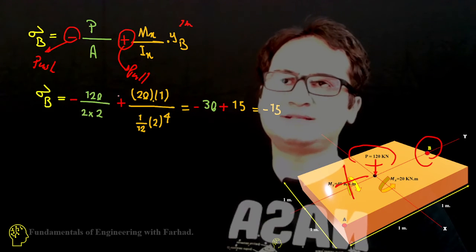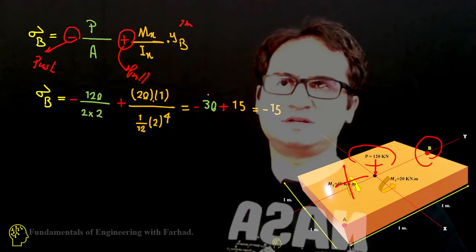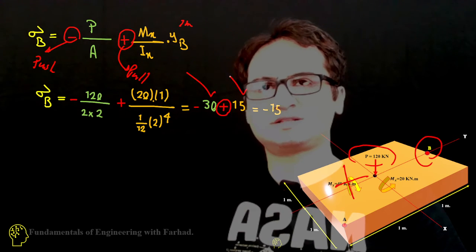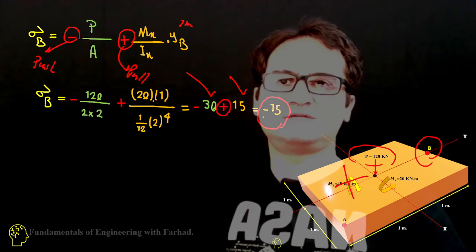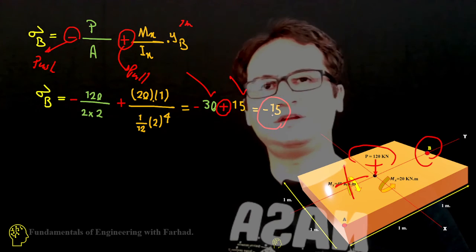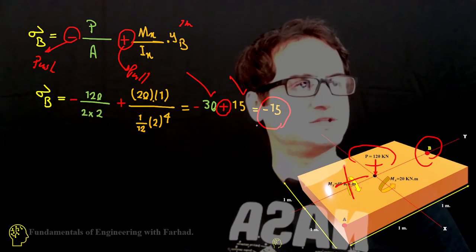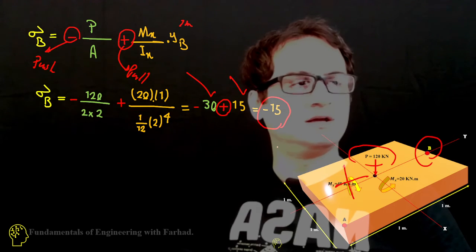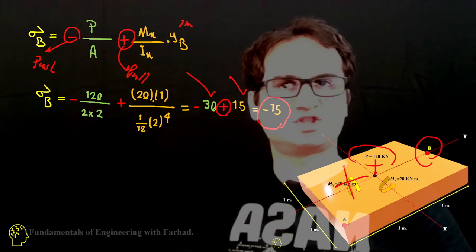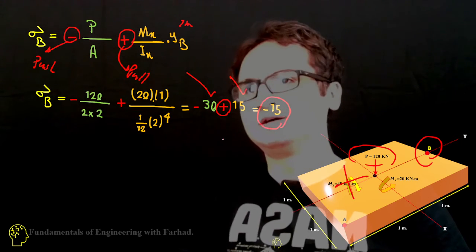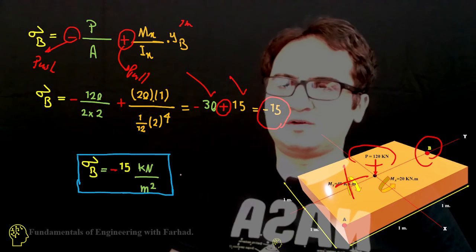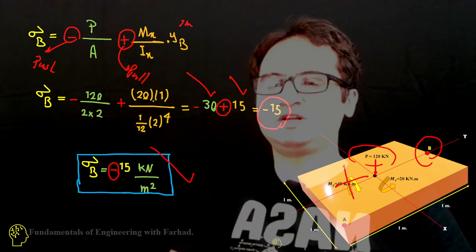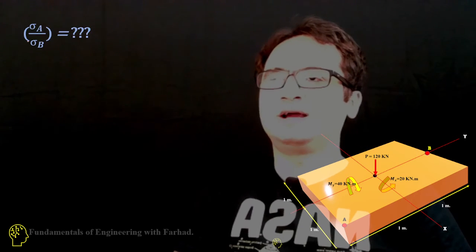If you replace that with numeric values, it gives us negative 30, this time a positive tensile 15, and the total is a 15 compression stress, which is still in the safe zone, so the foundation is not detached from the soil. So sigma B is still a negative, compression, 15 kilonewton per meter squared.